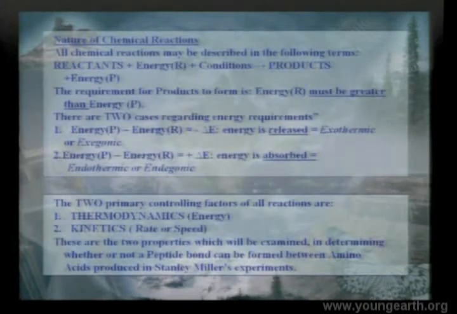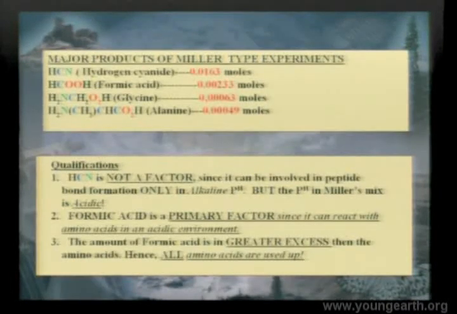All right. So let's see what happens if we apply these principles to Stanley Miller's work. Here are Stanley Miller's results. That's only part of it, but I'm just taking the most important ones, the ones produced in greatest amount in his experiments. He had an amount of hydrogen cyanide, 0.163 moles, and I'll explain what that means in a minute. Here's formic acid, 0.233, a little bit more than the hydrogen cyanide.